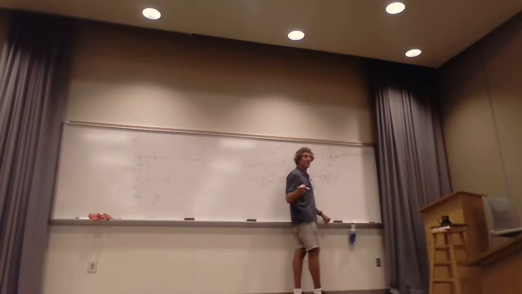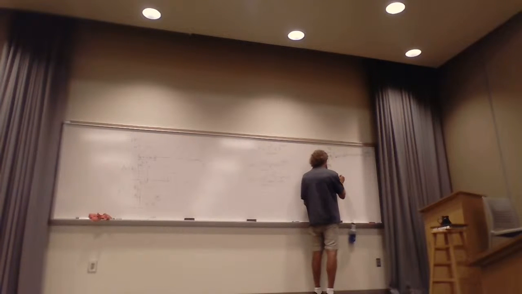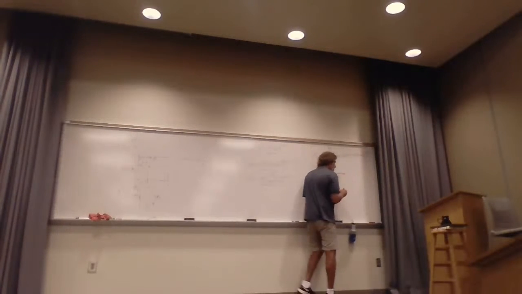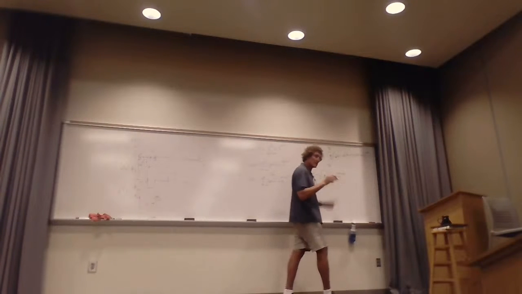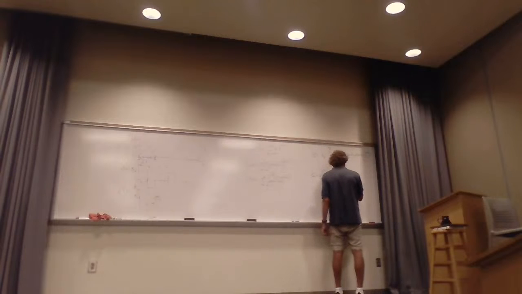It's e to the what? Negative j n omega naught t, tau. Go ahead. It's going to be plus e to the negative j n omega naught 2 tau, right.